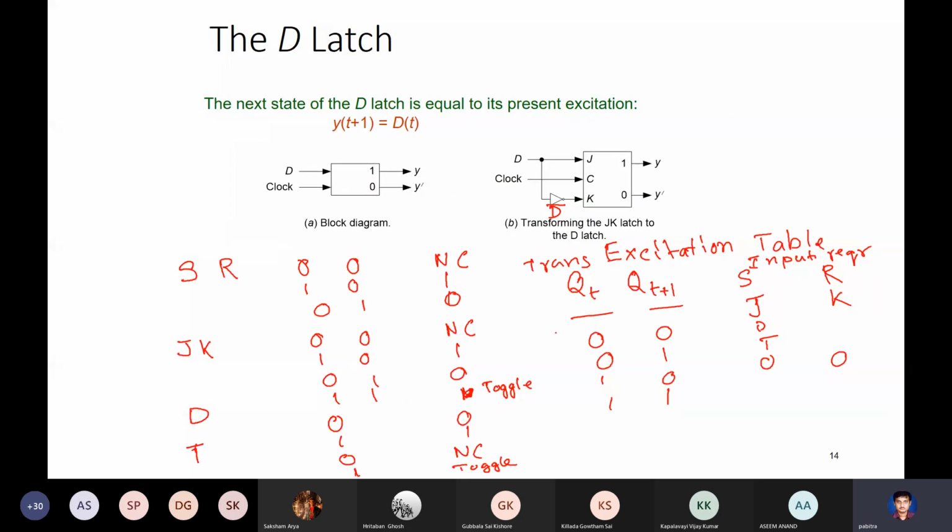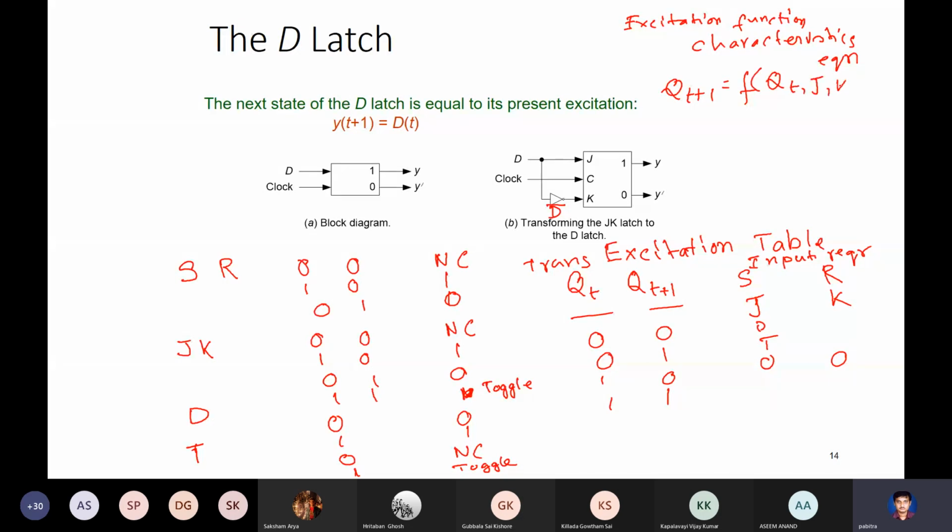Similarly, you have an excitation function or a characteristic equation, which is you write Qt plus 1 as a function of Qt and the inputs.